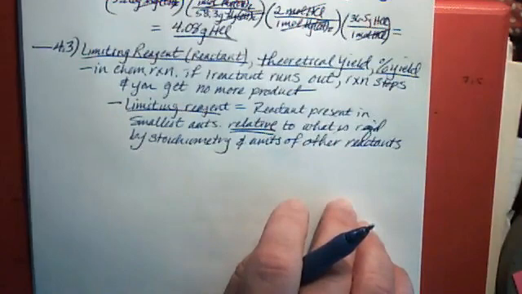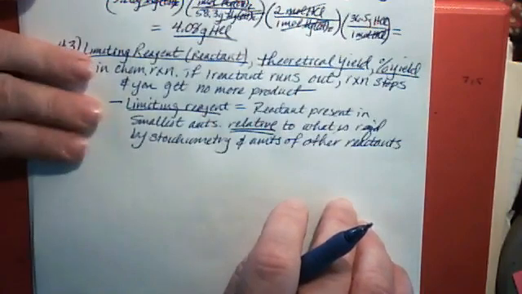You could have maybe 100 grams of one reactant and 500 grams of the other reactant, and oftentimes it turns out that the one you've got 500 grams of is the limiting reagent. Part of it depends on how big each molecule is. So in other words, for the mass you've got, how many moles is that? And that varies widely from one compound to another because molar masses vary widely.